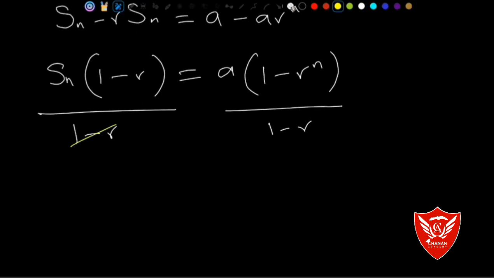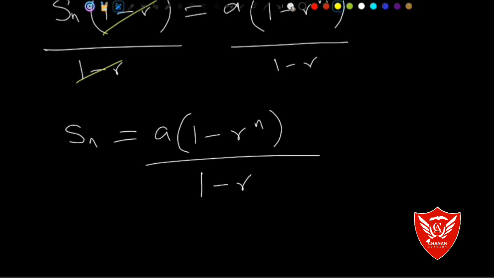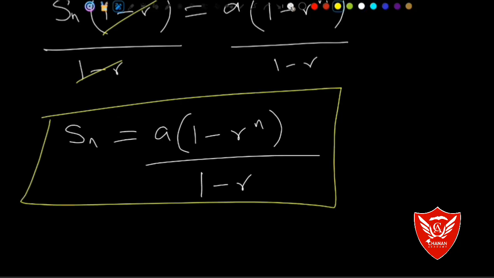So this is going to cancel out this. So we are going to have Sn equal a bracket 1 minus r raised to power n all over 1 minus r. So this is the formula that is used to solve for the sum of the n terms of a geometric progression. Whenever you're asked to find the sum of a geometric progression, this is the formula.